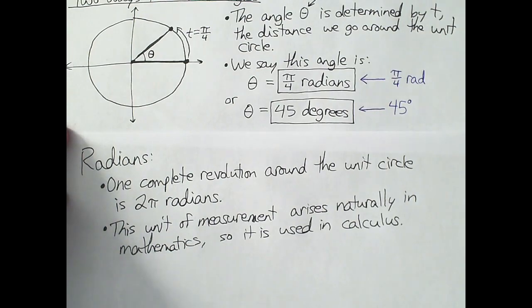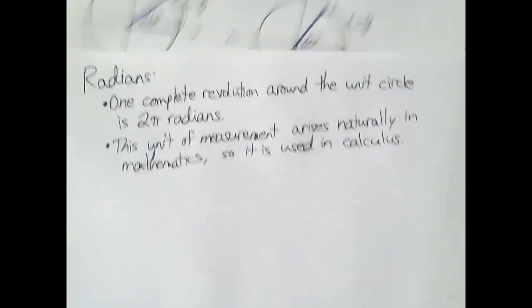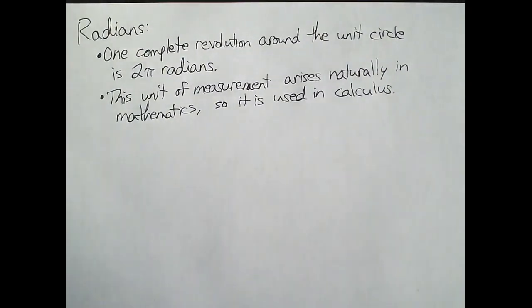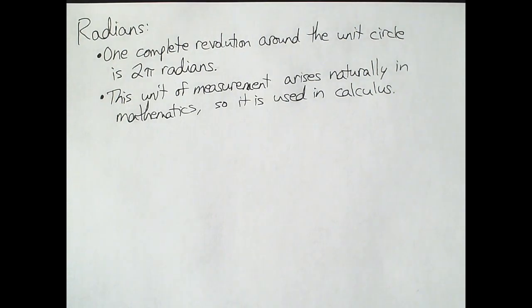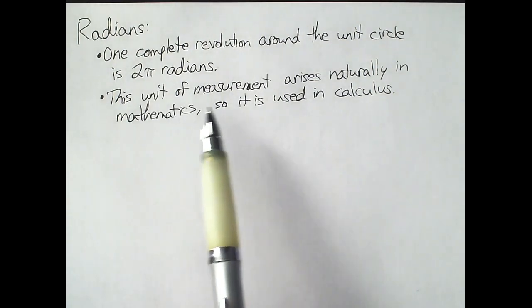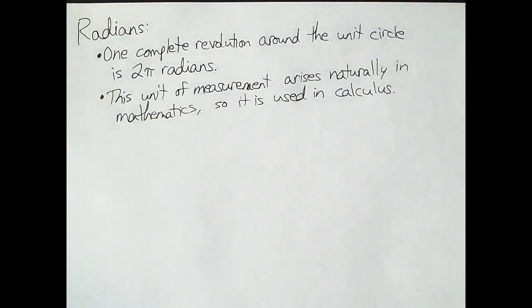When I say this unit of measurement arises naturally, what do I mean by that? Well, you remember where the t-values came from when we talked about those. The unit circle has a radius of 1, and a circle with a radius of 1 has a perimeter of 2 pi. So it feels like radians are a unit of measurement that we didn't really invent, right?